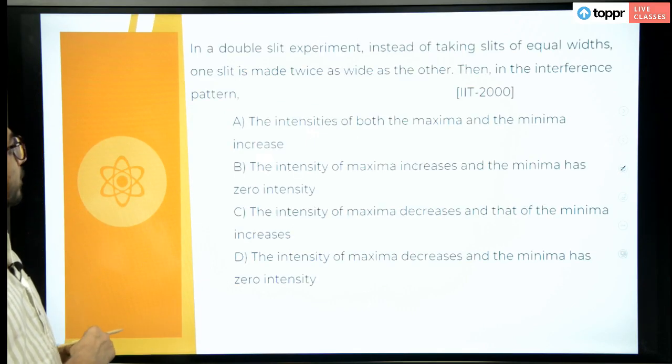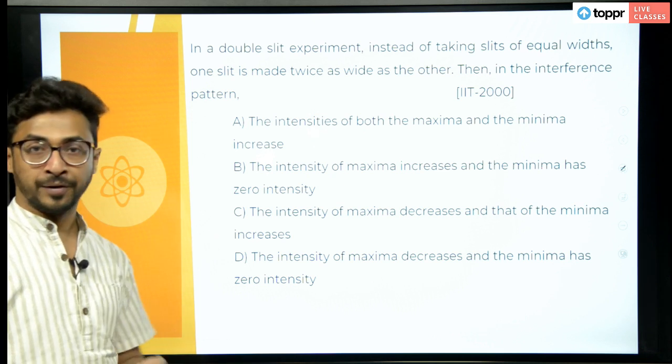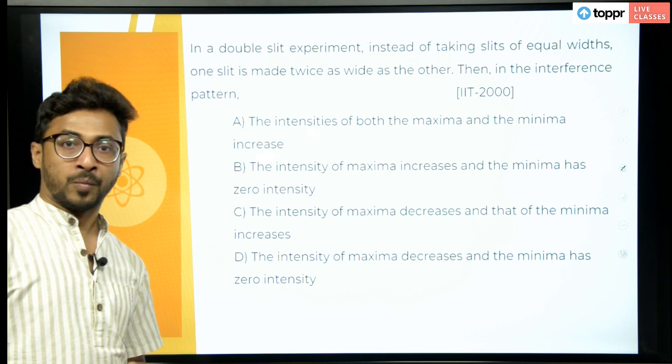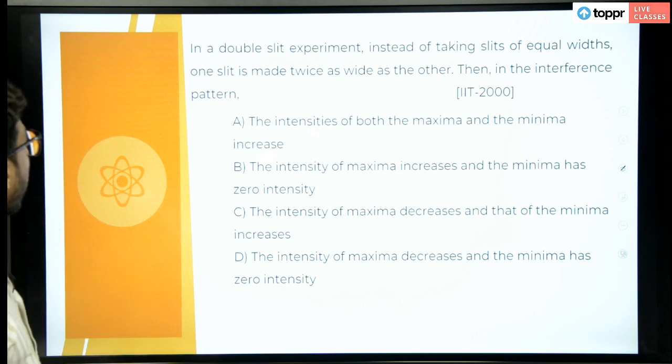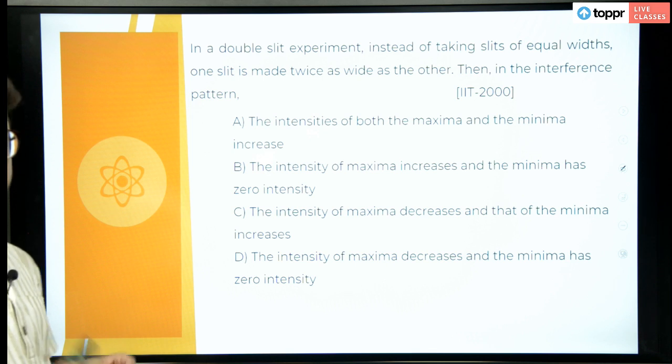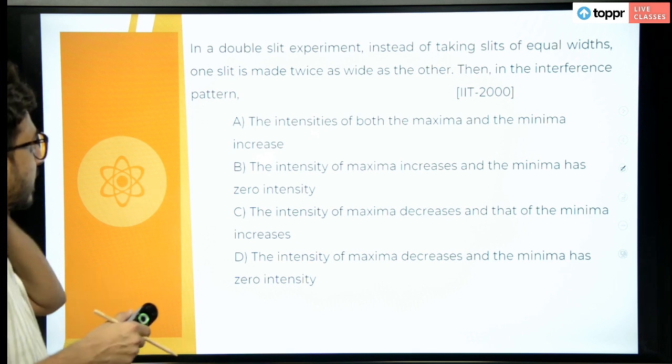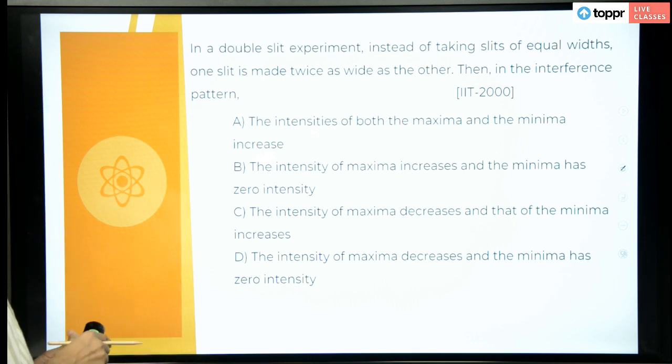Okay. Now this is a question from the wave optics. We are doing ray optics, we have to do something from the wave optics also. In a double slit experiment, that is interference, Young's double slit experiment, instead of taking slits of equal width, one slit is made twice as wide as the other.